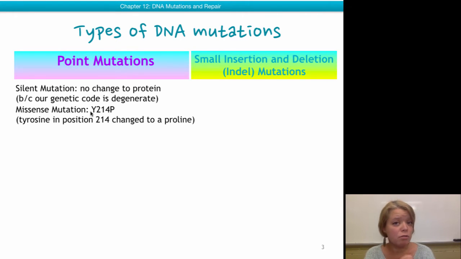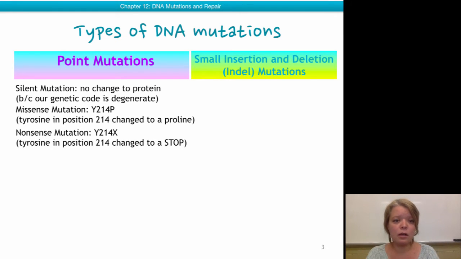It's a typical way to write out different point mutations, and a good reason to learn single letter amino acid abbreviations in the future. So Y is tyrosine and P is proline, and 214 is the amino acid position of this tyrosine that was then changed to a proline. It was amino acid 214 inside that particular stretch of the polypeptide.